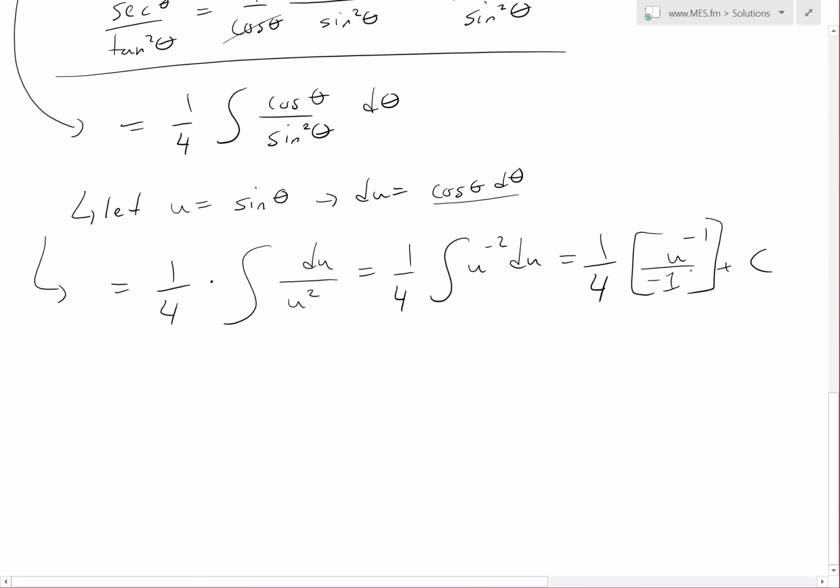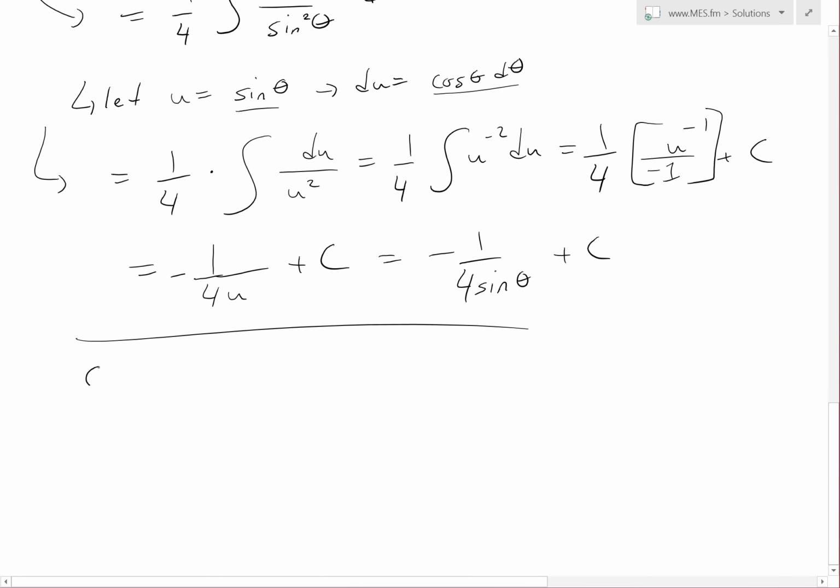So this is just negative 1 over u, so this equals negative, take the negative out, and put the u underneath, plus c. And u is equal to sine theta, so sine theta plus c.